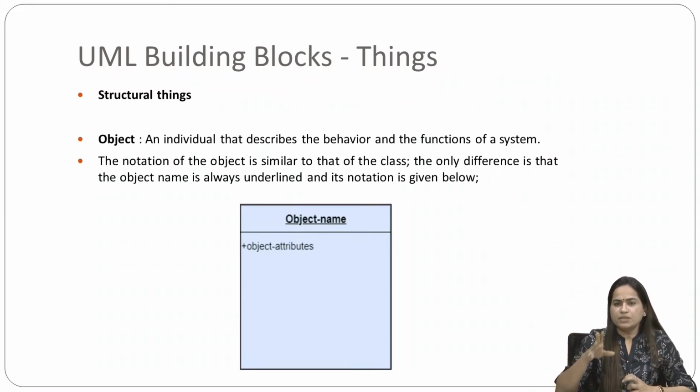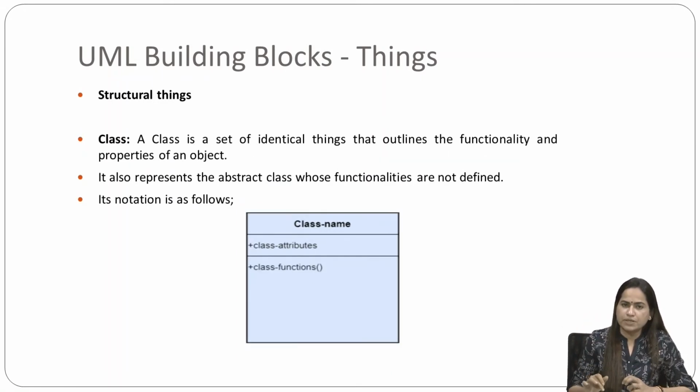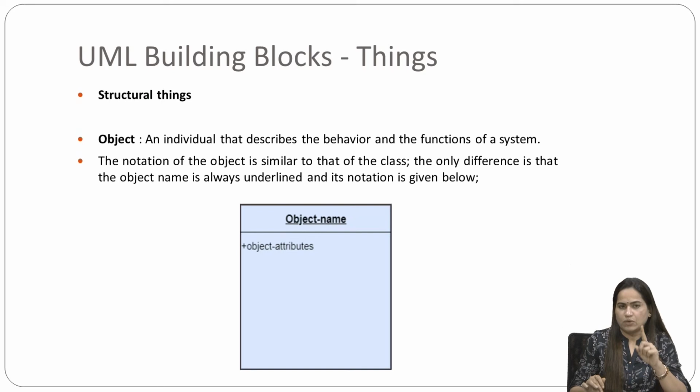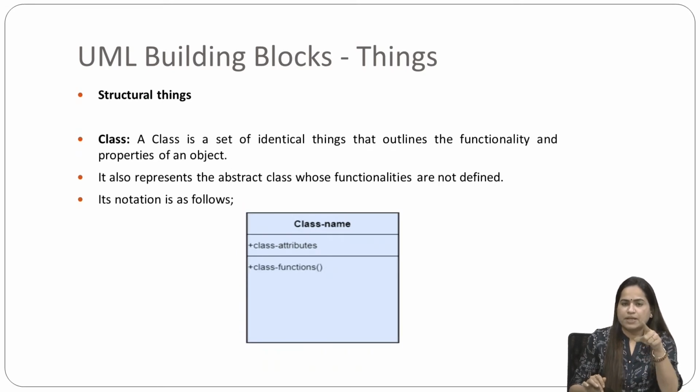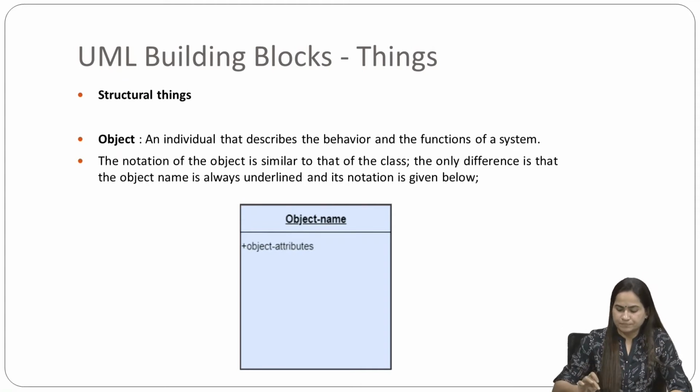The only difference is that the object name is always underlined. Here the symbol is the same for class as well as for object, but the difference is that in a class you have only the name of the class without any underline, while here we have the object name with an underline. It differentiates it from the class.